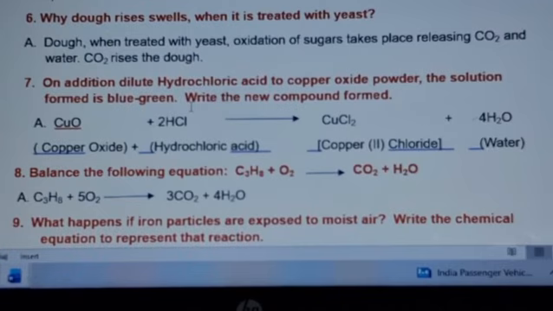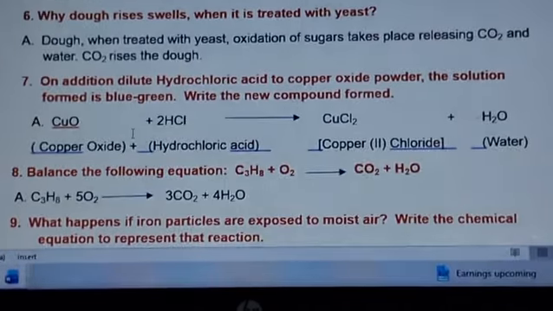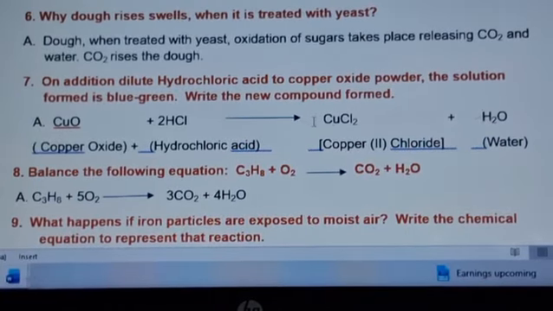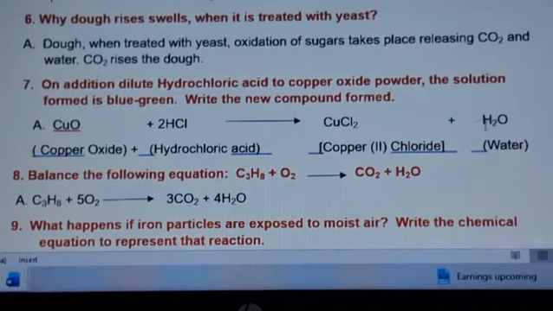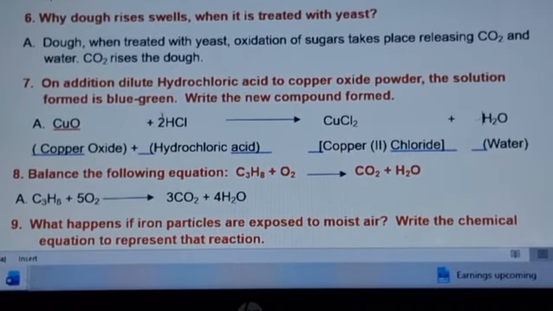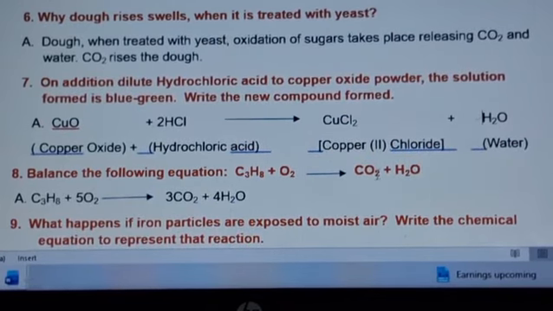So balancing is done here, children, CuCl2. So in this equation, copper left side 1, here also 1, oxygen 1, here also right side oxygen is 1, hydrogen is multiplied by 2, here the coefficient is written as 2. So 2 hydrogens here, 2 hydrogens here, 2 chlorines here, 2 chlorines here.